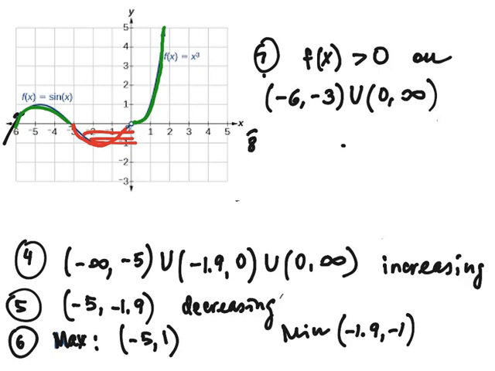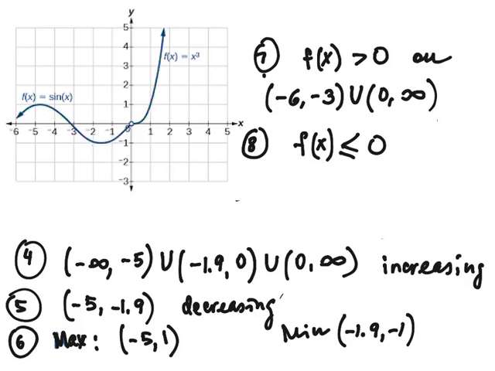Now, the last one, actually, I want to find out on which intervals f of x is less than or equal to 0. Well, one more time. So let me just erase that again. We're moving left to right. It crosses, we decided, at -6.